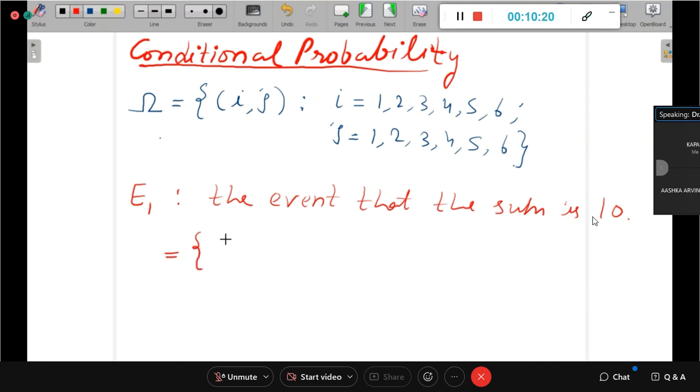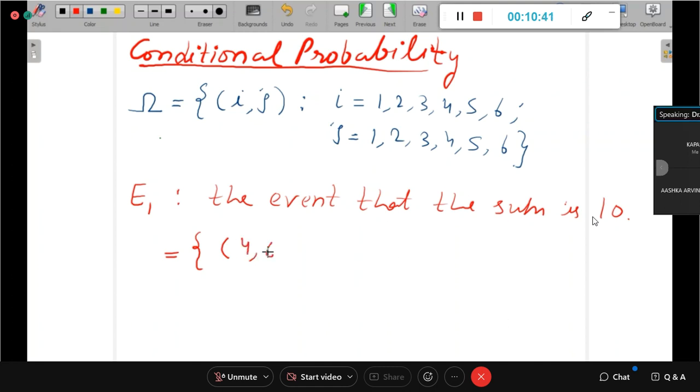So I think I can write all the possible favorable cases to E1, the event that the sum is 8. Let me write them down. Will any pair with 1 occur? No, because the maximum sum with 1 comma 6 is 7.